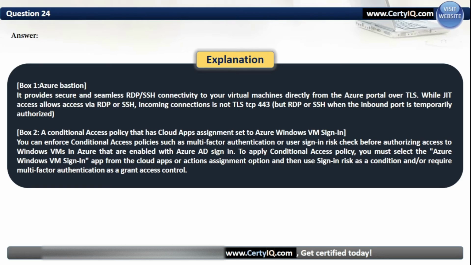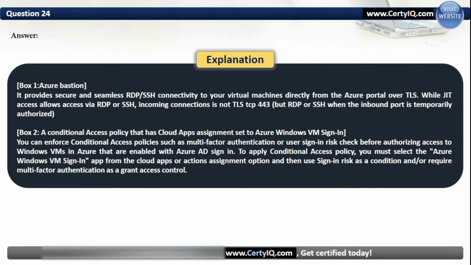About Box 1, Azure Bastion provides secure and seamless RDP/SSH connectivity to your virtual machines directly from the Azure portal over TLS, while JIT access allows access via RDP or SSH, so incoming connections are not TLS on TCP 443.